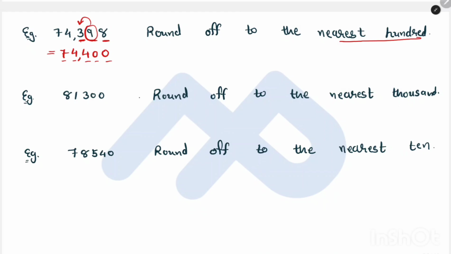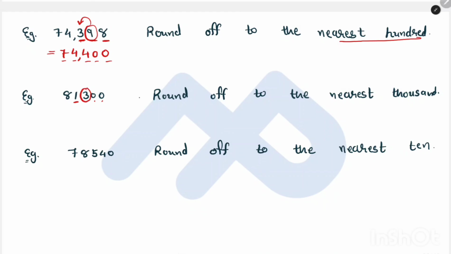81,300, round off to the nearest 1000. So 1000 place is this. This is unit, then tens digit, 100 digit, 1000 digit. This is 1000 digit. Check just the right hand side digit. If it is 5 or more than 5, just add 1 in the required digit.